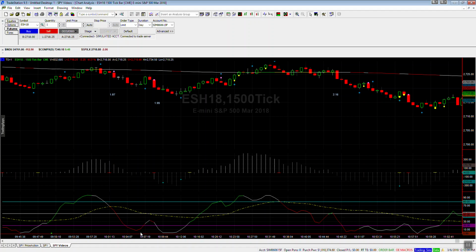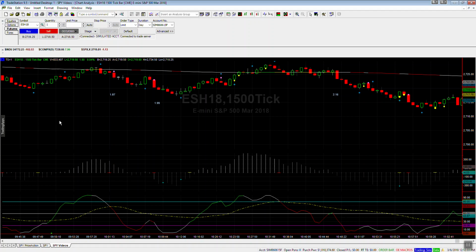And the momentum line generally oscillates from above the upper limit to below the lower bound. As it oscillates, it's going to change color in reaction to price.